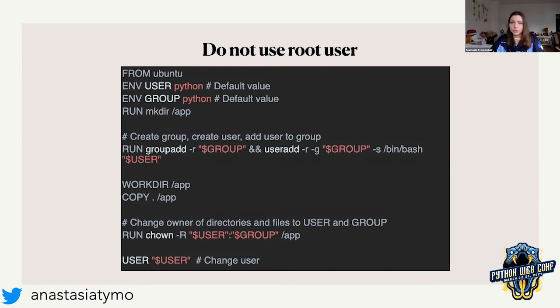It's always a good idea because, for example, some process can have unexpected behavior, unexpected consequences, and you cannot really control it if you give root access to it. So this is the way to have a specific user and how to use it in the Docker image. Feel free to take a screenshot of it.